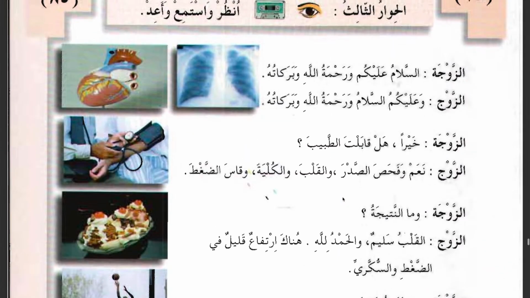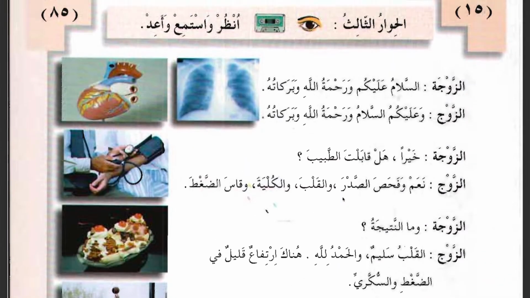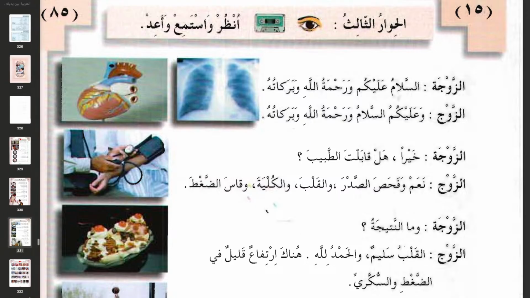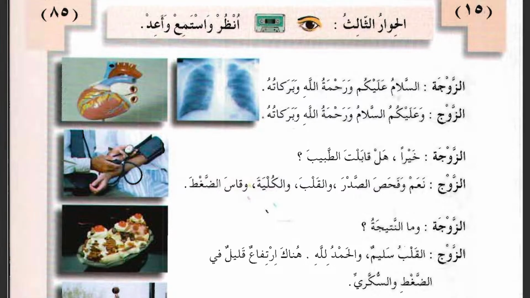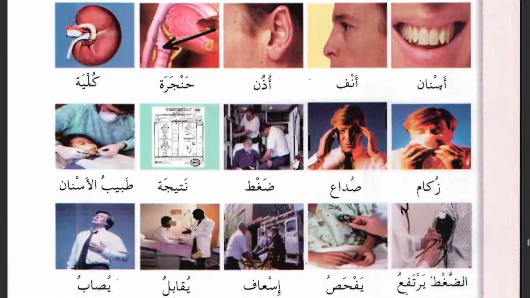Okay, let's go through this last one. Is'af. They're going to have all the words coming up. So here we have a conversation between a zawjatu wa zawj. Assalamu alaikum. Wa alaikum assalam.